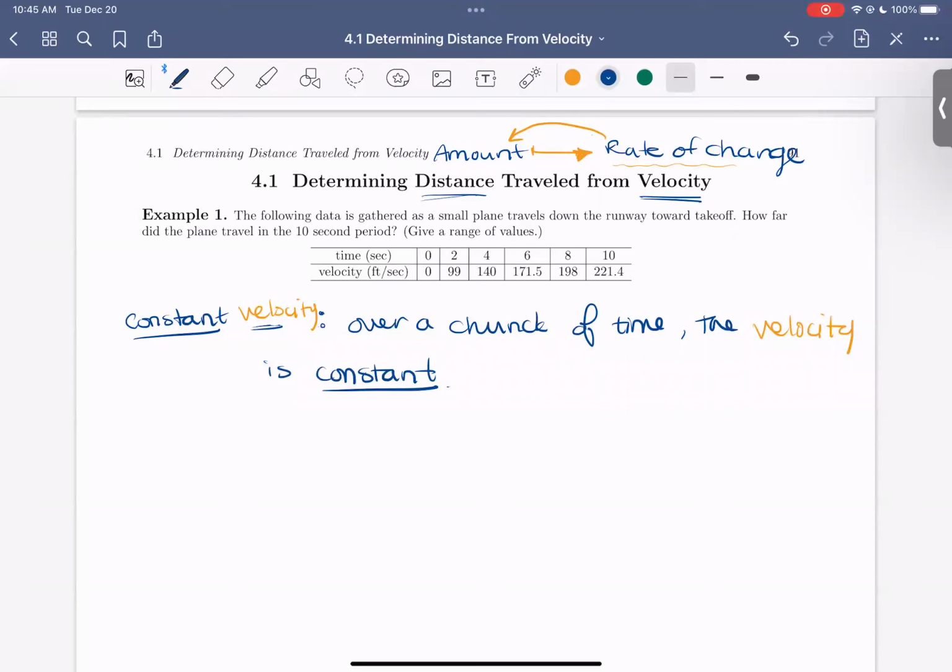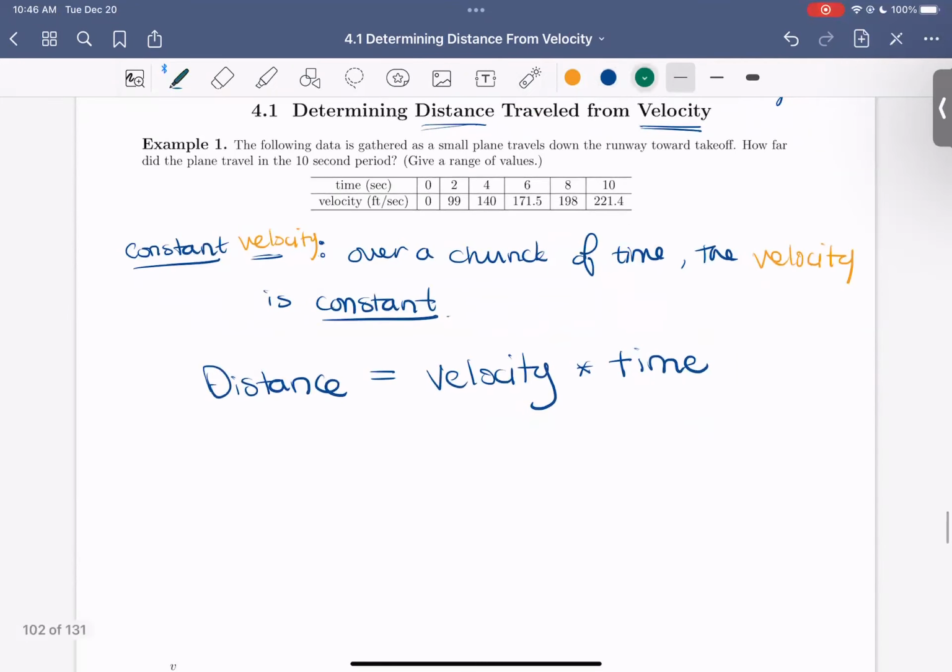So what does that mean in terms of how far we traveled? Well, if we travel at a constant velocity over some time, then we can actually compute the distance traveled by multiplying that velocity by the amount of time traveled. So for example, suppose you're driving down I-5 at a constant 60 miles per hour, and you went for 1 hour.